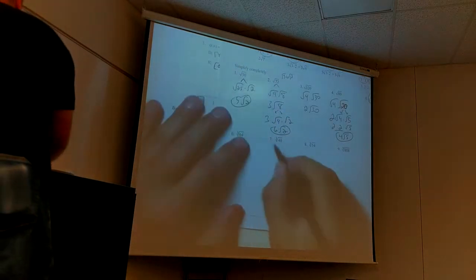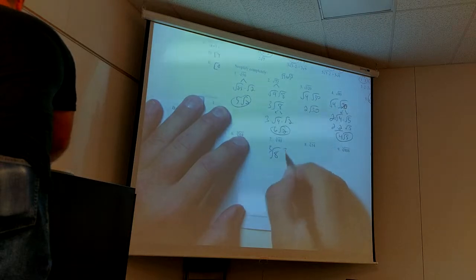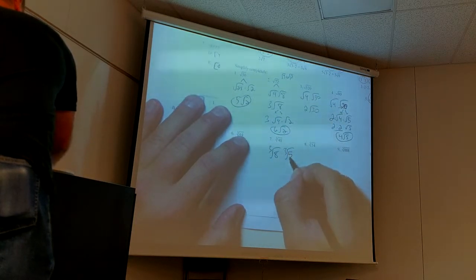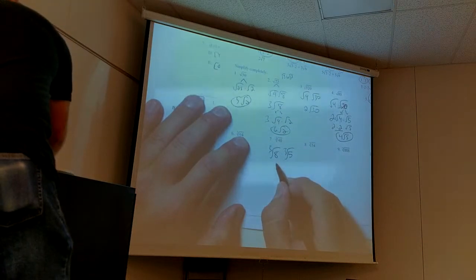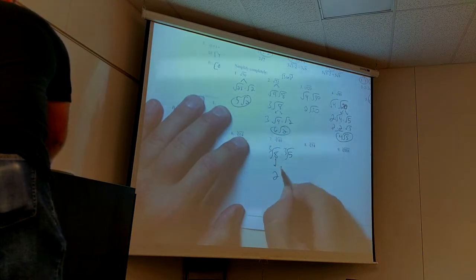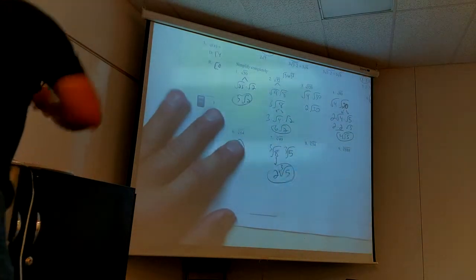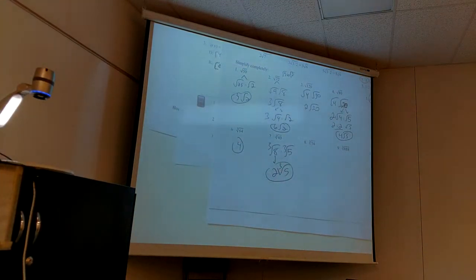So I can rewrite this as the cube root of 8 times the cube root of 5. Cube root of 8 is 2. Cube root of 5 is, I don't know. And just to make it not look like a 2 cubed, you could do it like that. Don't forget your cube root. It can't suddenly transmogrify into a square root. It has to stay the same root.